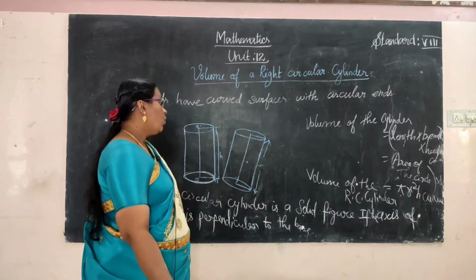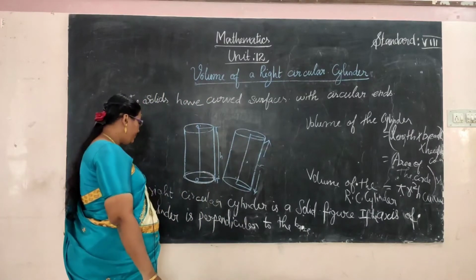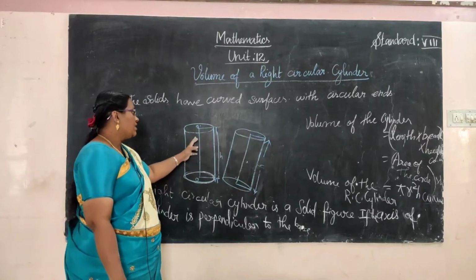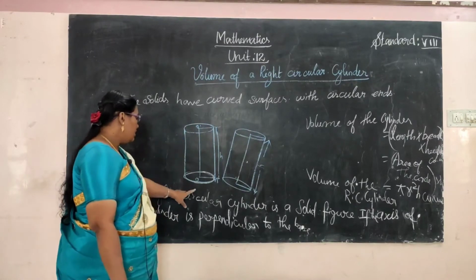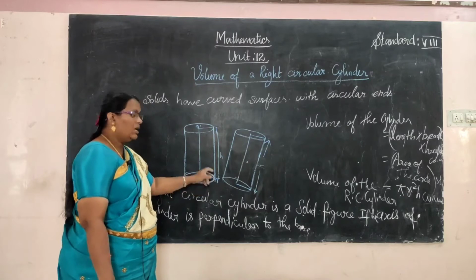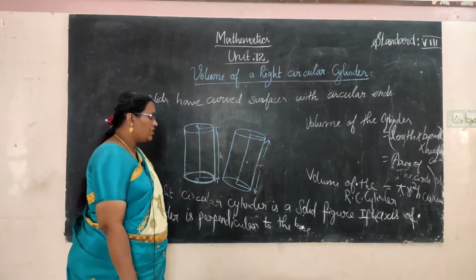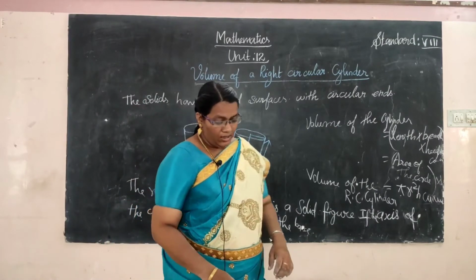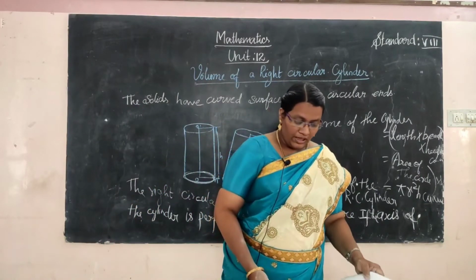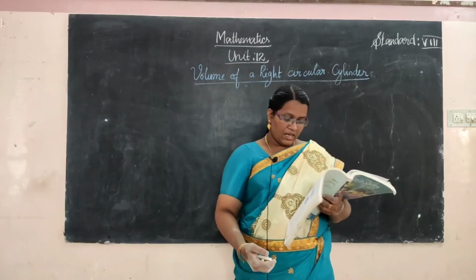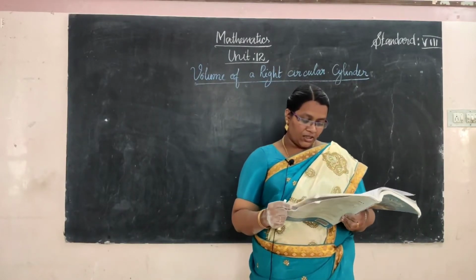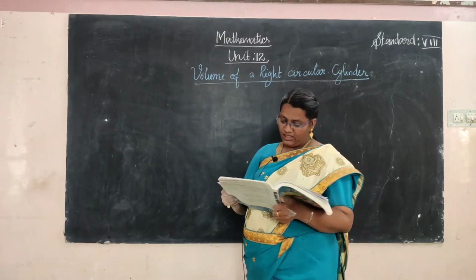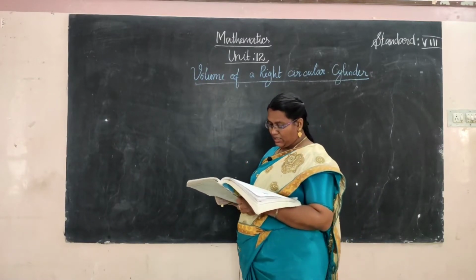A right circular cylinder is a solid figure if the axis of the cylinder is perpendicular to the base. Now we move to the example problems. Example 10. Find the volume of the right circular cylinder whose base radius is 3.5 centimeter and height is 10 centimeter.